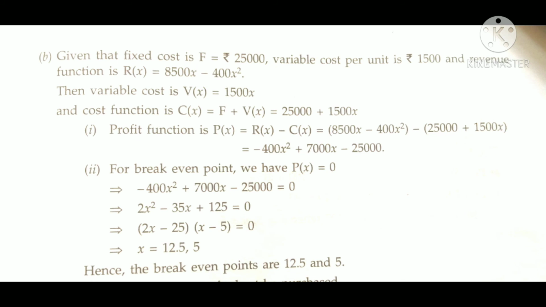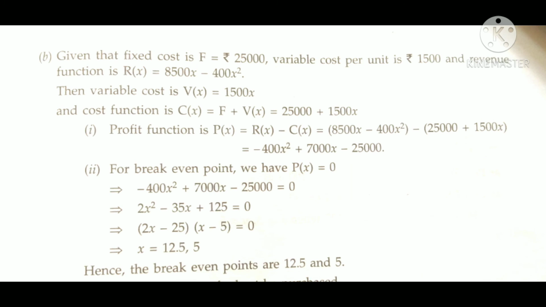So the cost function is fixed plus variable cost. Here fixed cost is 25,000 and variable cost is 1500x, so total cost is equal to 25,000 plus 1500x.